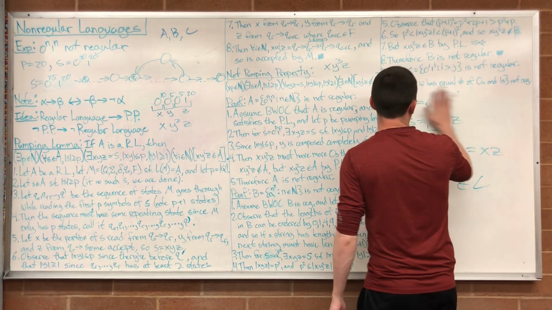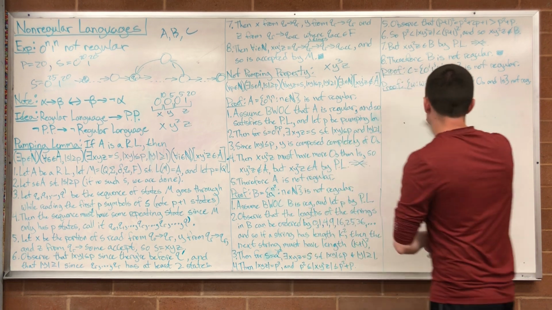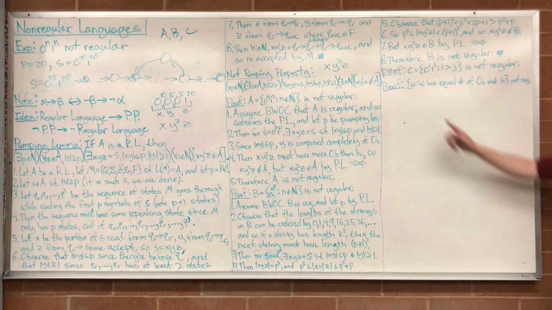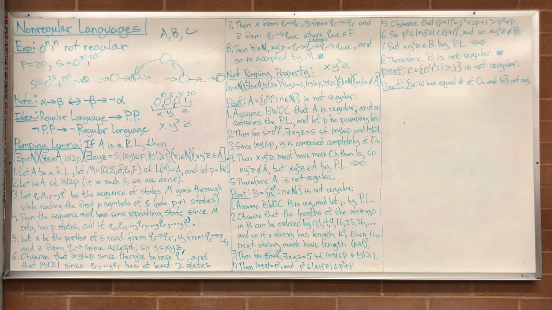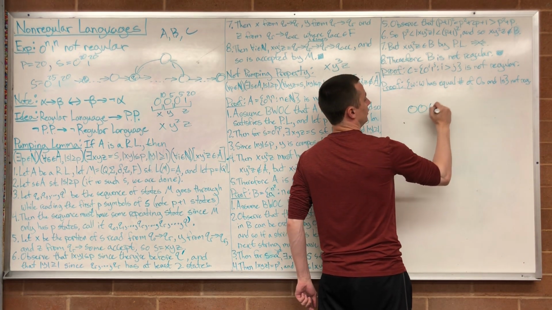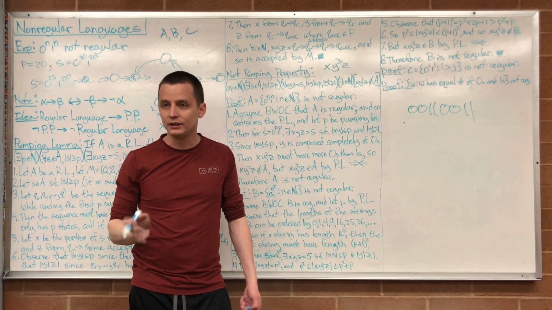Okay, so there's the idea on how you do that proof. So let's do one more now where we can be a little bit clever. Alright, so the set of all w where w has an equal number of zeros and ones. w is a binary string. So this one works. That's in our language, because it has an equal number of zeros and ones.